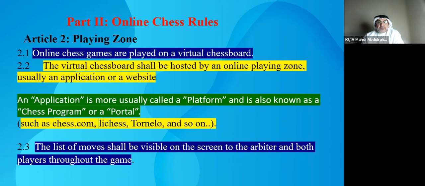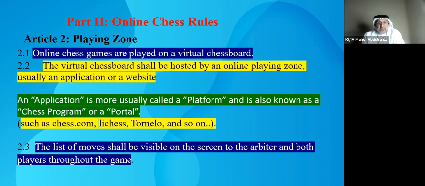The virtual chessboard shall be hosted by the online playing zone, usually an application or website, which is more usually called a platform, and is also known as the chess program or portal, such as chess.com, Lichess, Tornado, and so on.